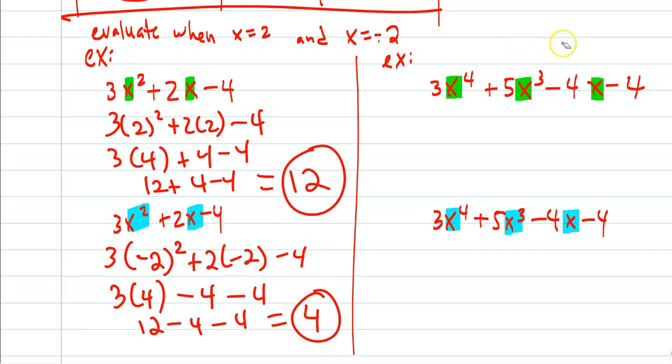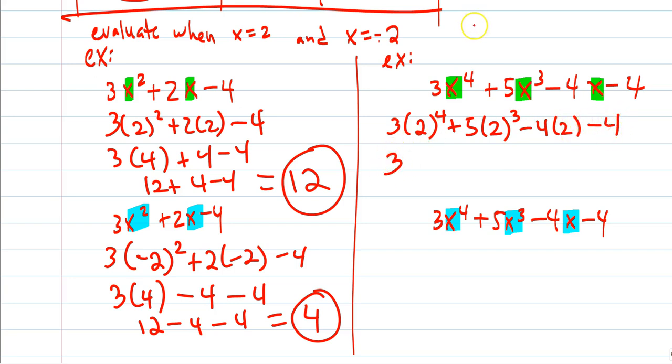Let's do the same thing here. When x is 2, 3 times 2 to the 4th, 5 times 2 to the 3rd, minus 4 times 2 minus 4. 3 times 2 to the 4th should not shut you down here. 2 times 2 is 4, times 2 is 8, times 2, 16. 5 times 2 to the 3rd is 8, minus 8 minus 4.